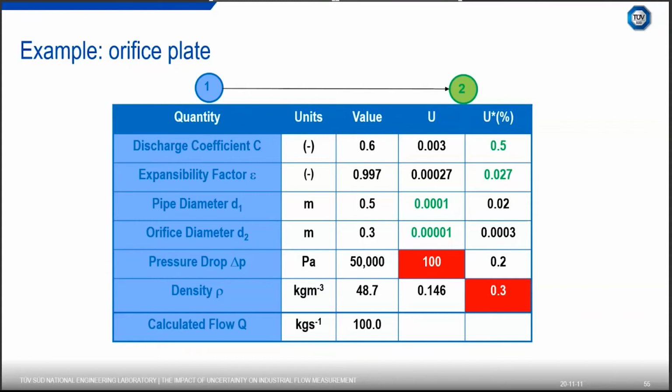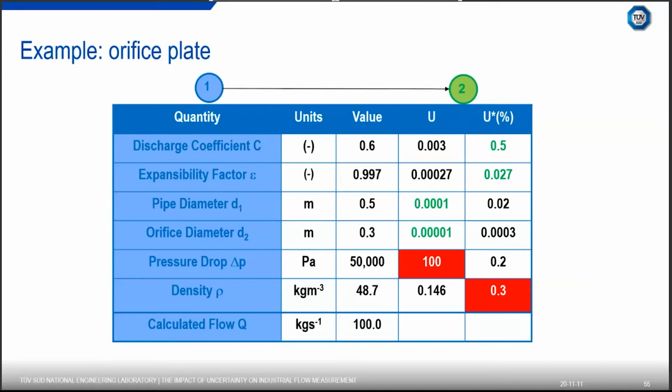So you need to feed into this value to get the pressure drop value. There's a separate calculation, so you'll need to work out the uncertainty in the determination of the height difference, the uncertainty in the density of the fluid that's used. So this is just to highlight that a separate uncertainty calculation is sometimes required to feed into this, and the same for the density of the fluid.